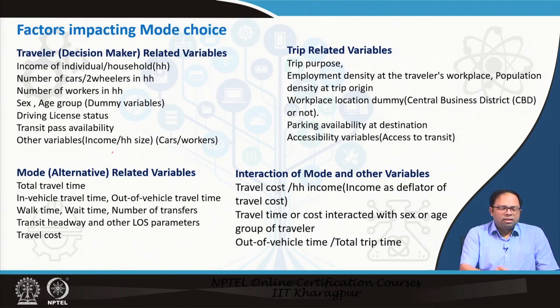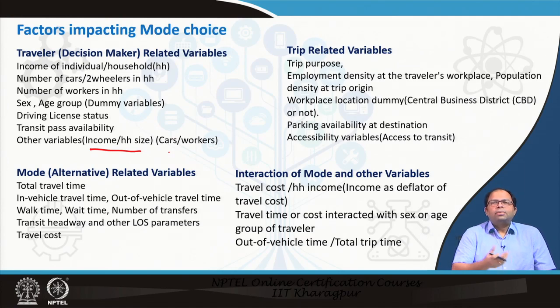That means these are not interaction terms, these are modified variables where income divided by household size gives us the impact of income on a person's decision making, because the more family members, the impact of income becomes less. And similarly, for trip related variables, we can include trip purpose, employment density at the traveler's workplace, population density at trip origin, workplace location dummy, parking availability at destination, accessibility variables, access to transit. So, these are the different variables that we can include in the model.